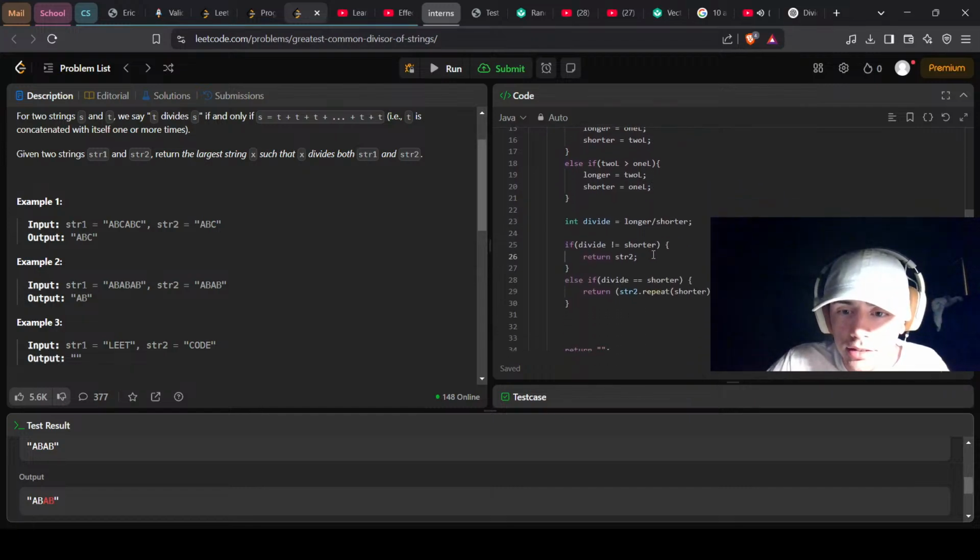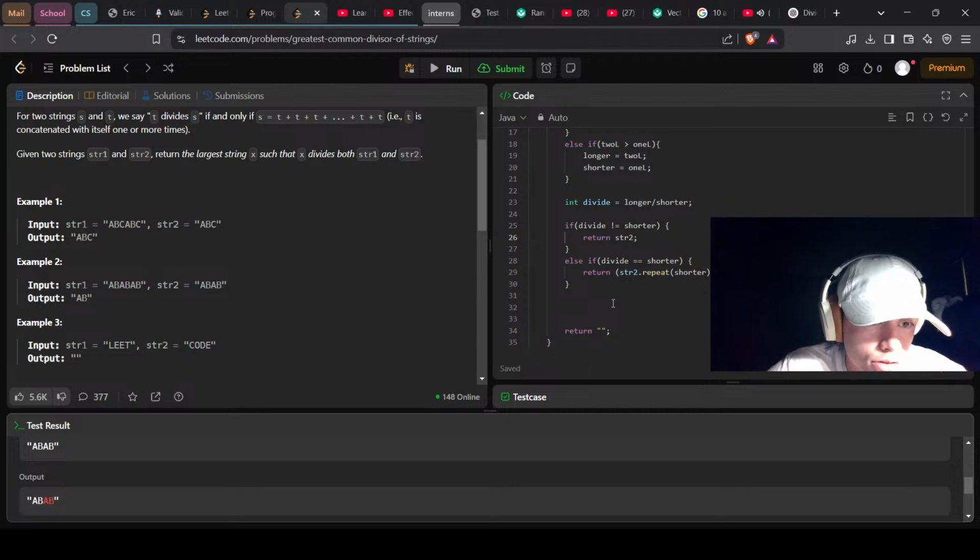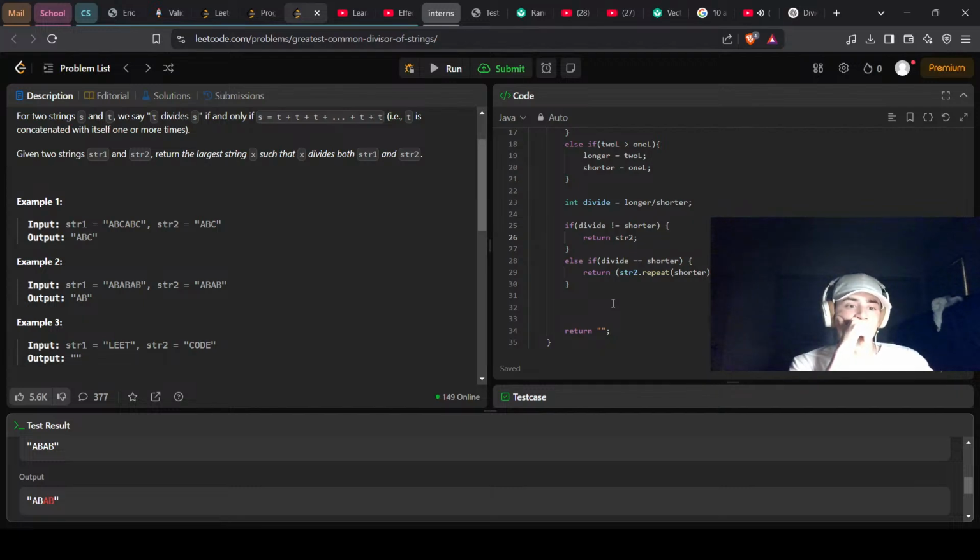Shucks, I thought I had the answer. I can't remember how I did it in my head. Think real quick. Divide these two. You get 2.